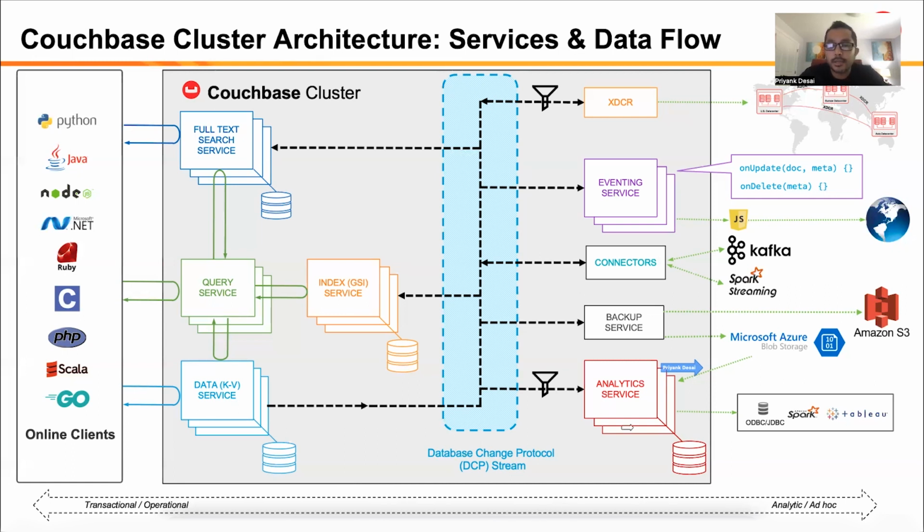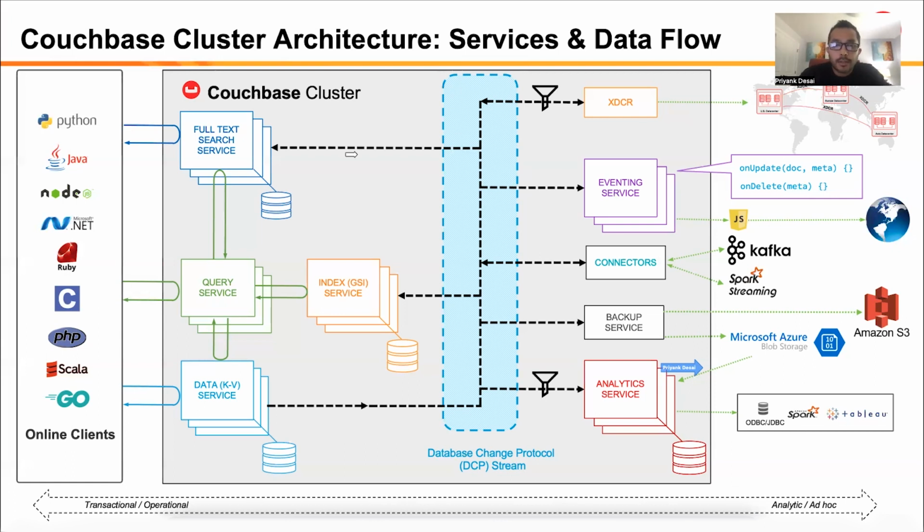And in the same cluster you can have analytics nodes, eventing and other services available that can be used for ad hoc querying, or for supporting your analytical workload. So again, one Couchbase cluster can support a hybrid workload, which is operational, transactional, or OLTP and OLAP workload.